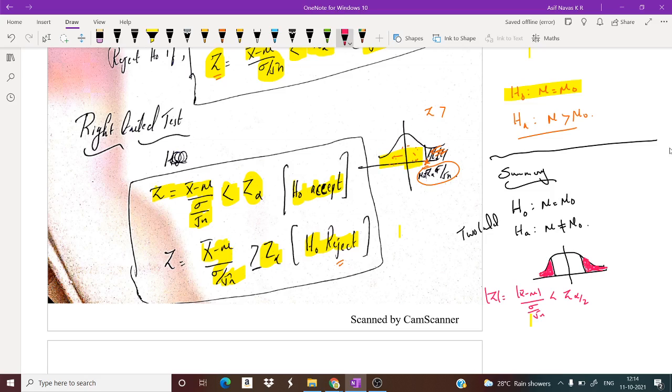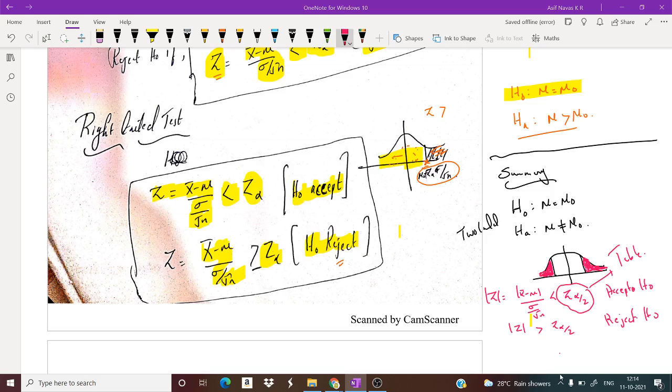That's why we split it into 2. Then we accept h naught, and if mod Z is greater than Z alpha by 2, we will reject h naught. And this value Z alpha by 2 we will get from the table.